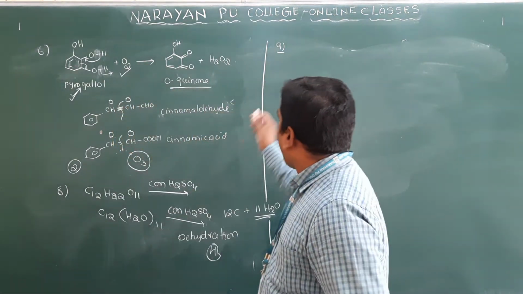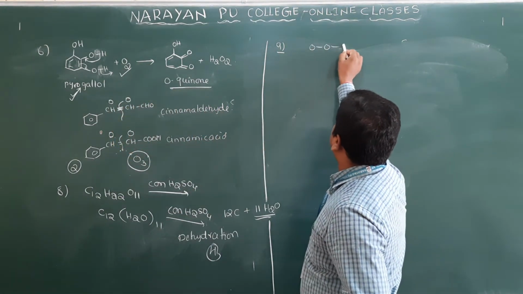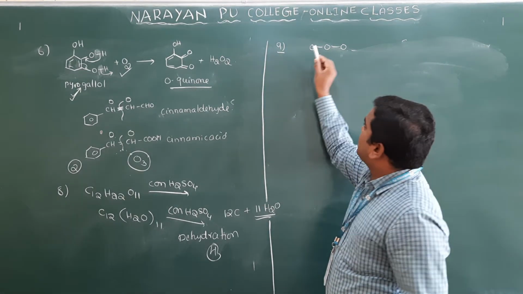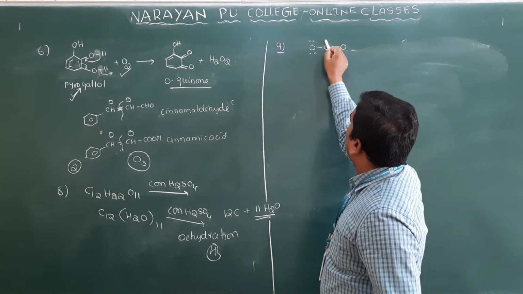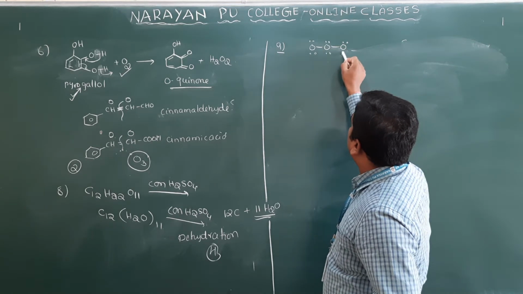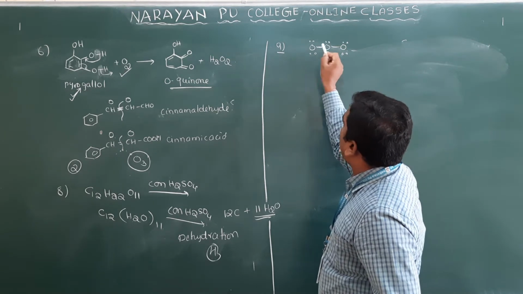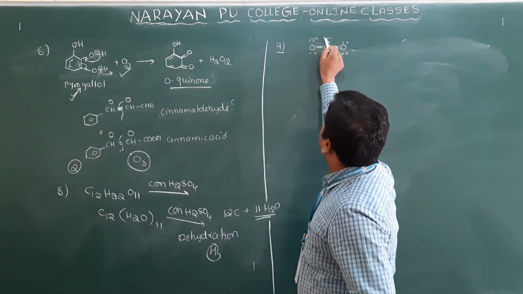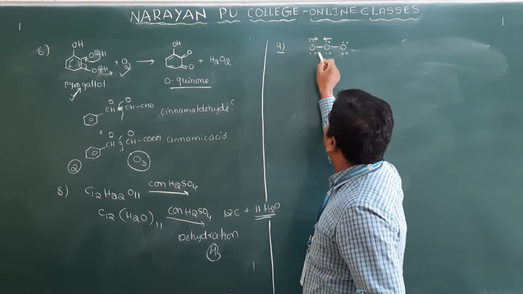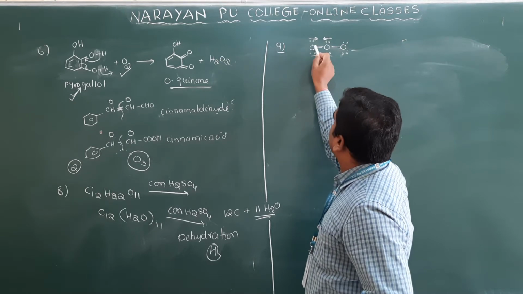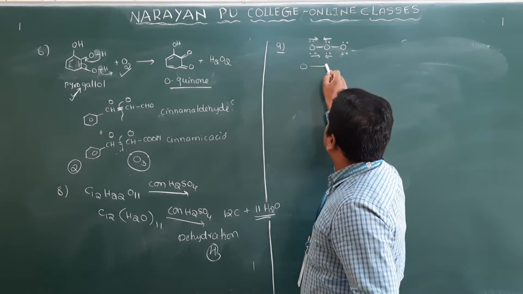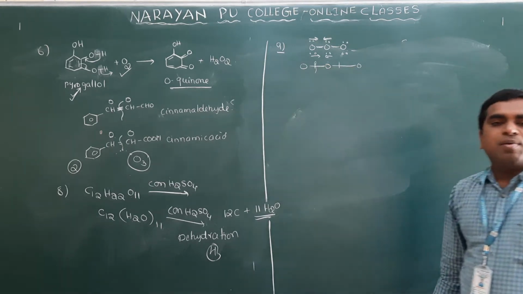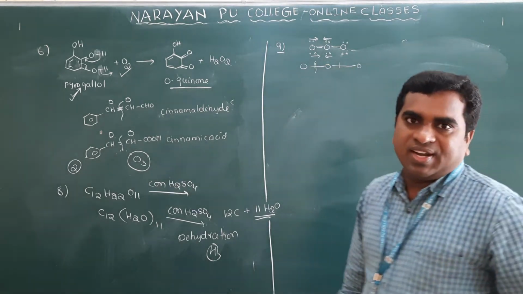Clear? So if you take oxygen, self-linking of oxygen. You know that oxygen is a small atom, and small atoms mean the bond length is short, so there will be maximum repulsion among the lone pairs of electrons. To avoid that, the oxygens will move far away from each other, so the bond length increases and the bond strength decreases.